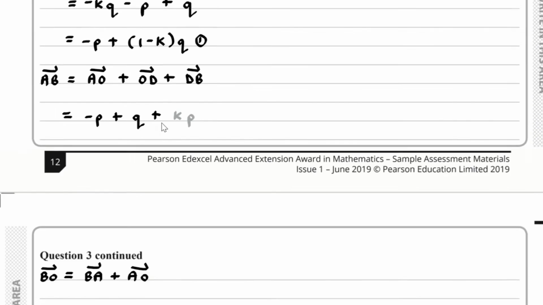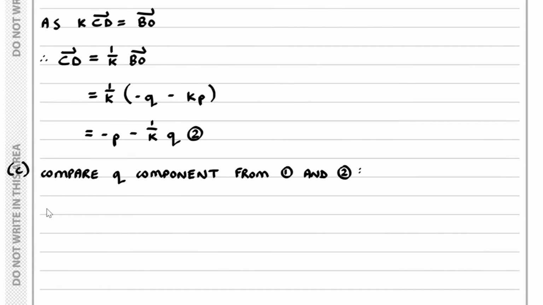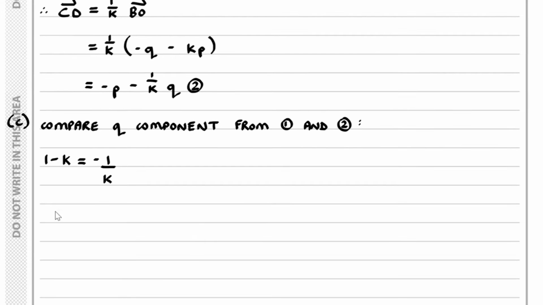From equation 1, the Q component, we've got 1 minus K, and this will equal the minus 1 over K. And then if I simplify, I've got K squared minus K minus 1 equals 0.